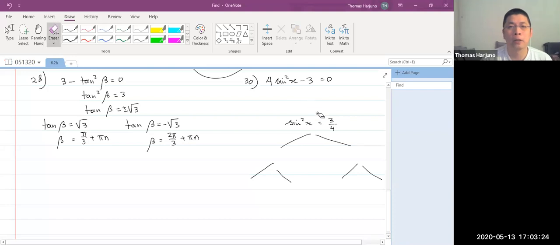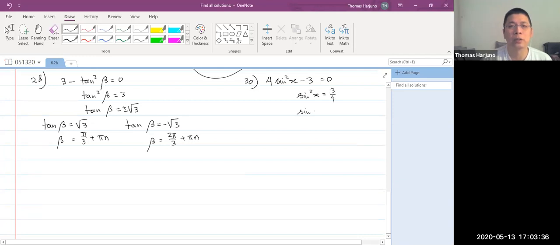Okay, let's work it out. So sine squared x equals 3 over 4. So sine x will be plus minus square root of 3 over 2. Now I break it up. Sine x is radical 3 over 2. Sine x is negative radical 3 over 2.